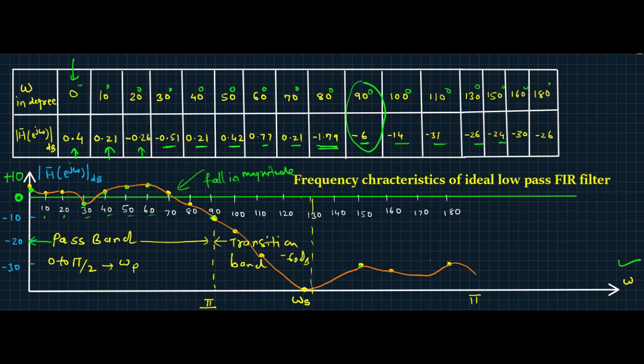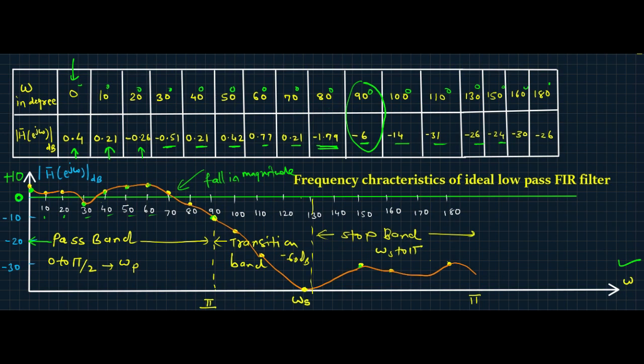Here it is allowing some values to the magnitude response. Therefore, this is called the stop band. What is the range of the stop band? It is omega s to pi.